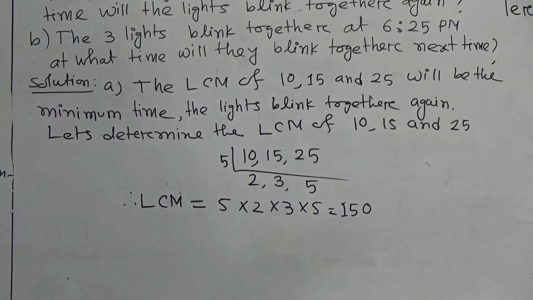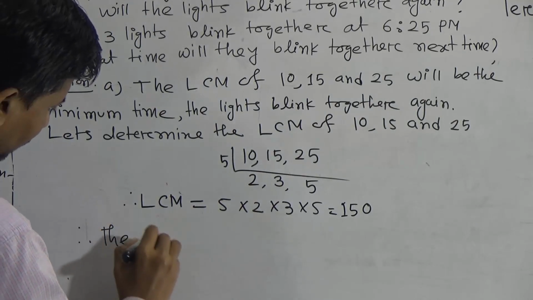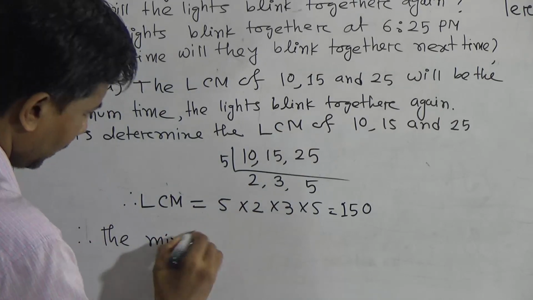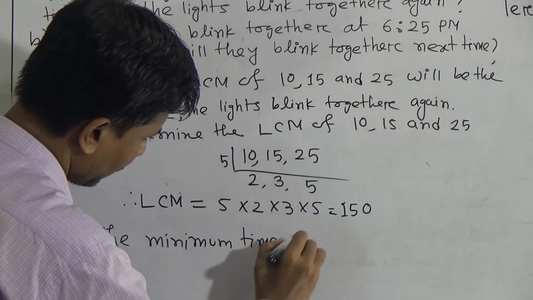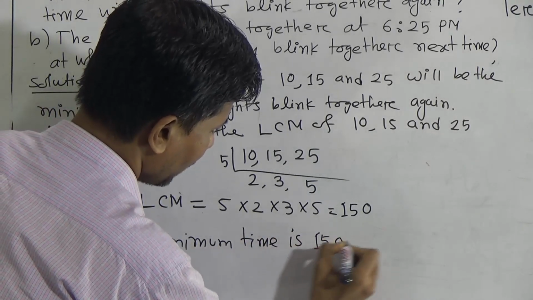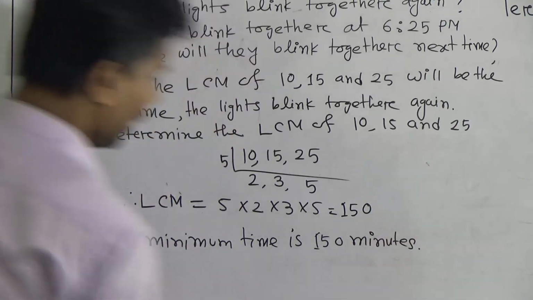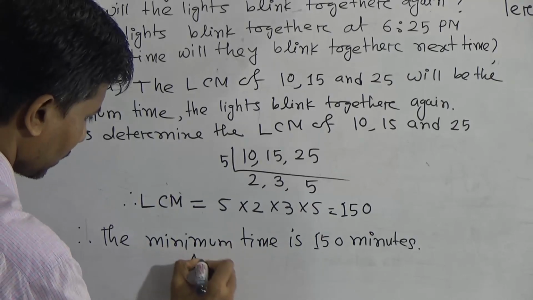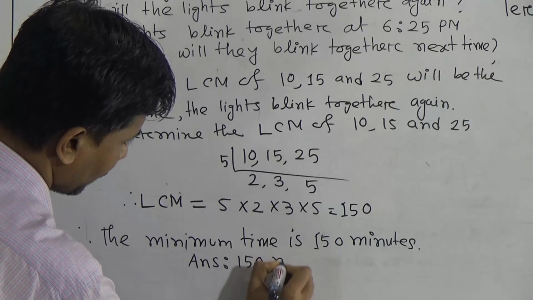Now according to the question, you have to write the answer after what minimum time. Therefore, the minimum time is 150 minutes. Okay, this is the answer. Now write the answer, 150 minutes.